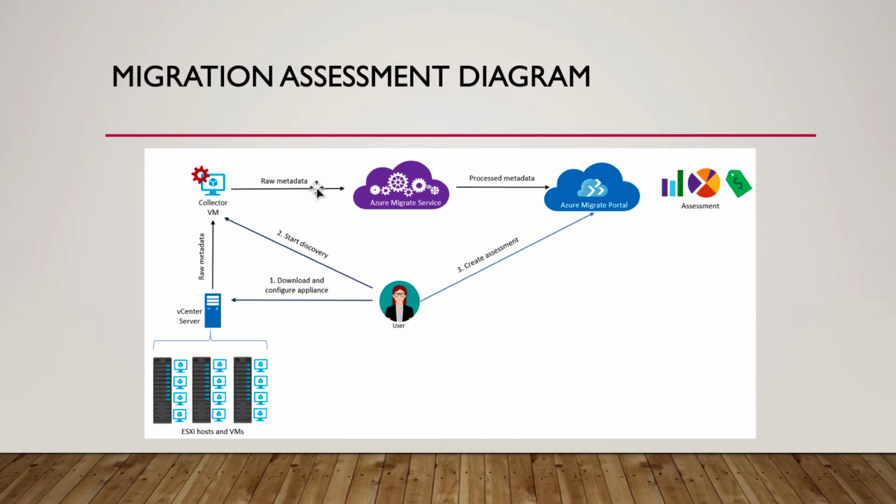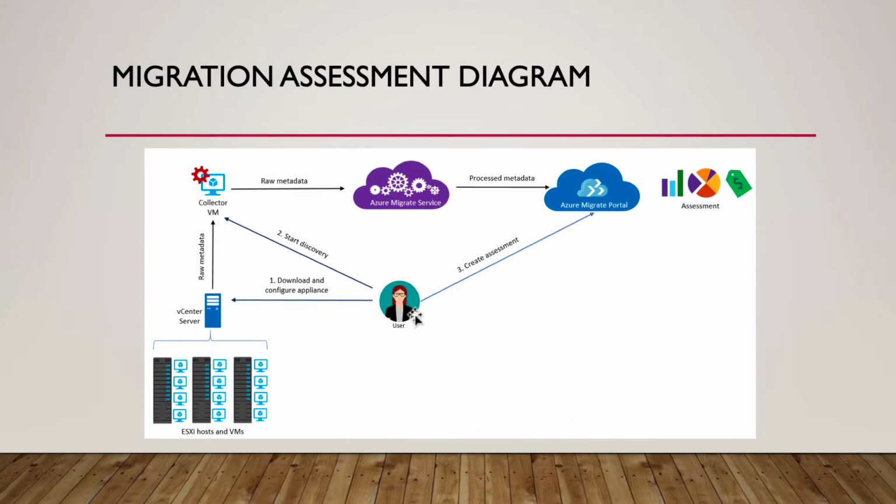That's your collector, which sends the information to Azure in the cloud, and it processes the metadata which is collected from these guys down here and gives you the assessment. Of course, these are your existing hosts and VMs, which are going to get connected to the vCenter server as we discussed. And the raw metadata of these guys is going to be collected by the collector and go all the way through the path.